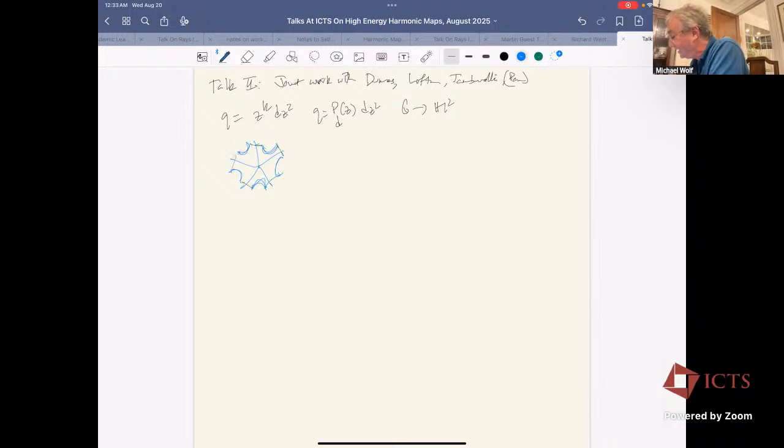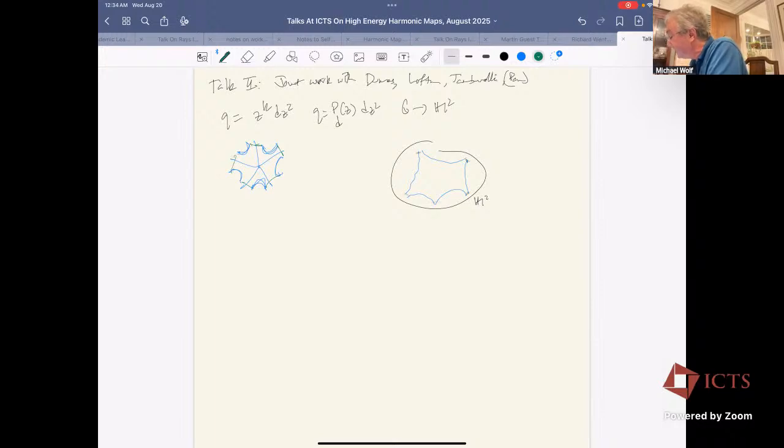That had an image over in H2, which was nearly geodesic on the images of the horizontal lines, and very, very small on images of the vertical lines.